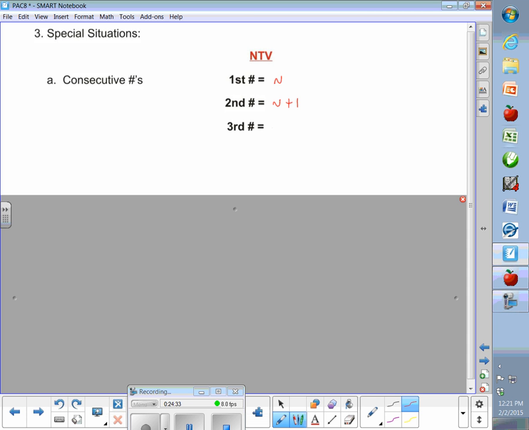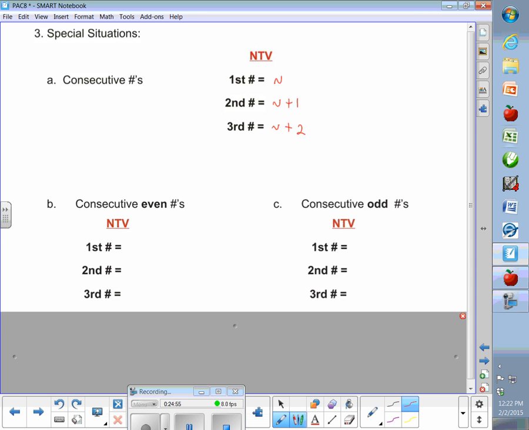Awesome. N plus 2. Very good. And think about it, 10, 11, 12, right? That's always the way with consecutive numbers, always. So if you can't do it on your own, that's the answer there, and just borrow it.